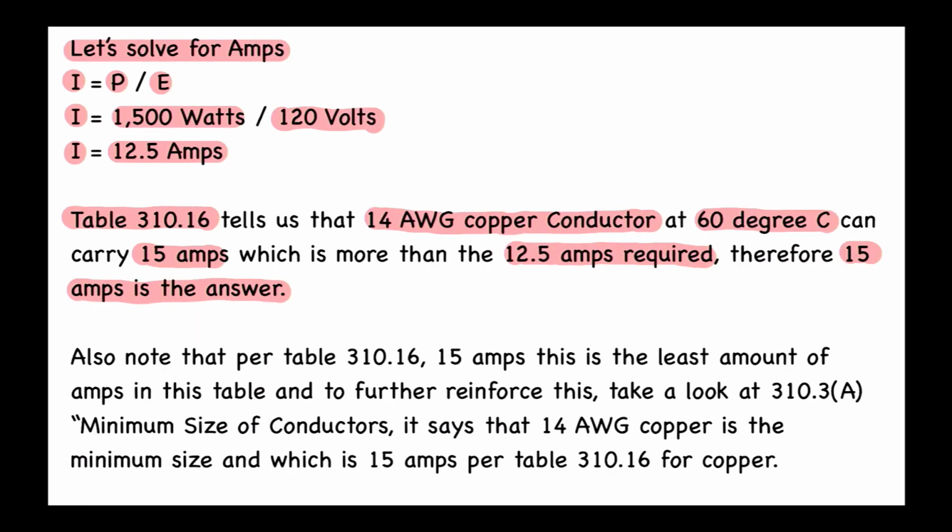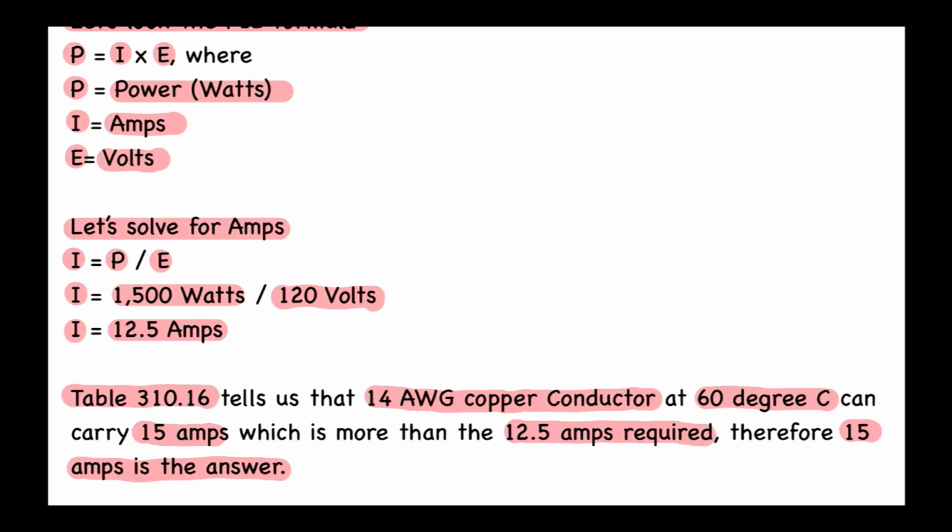All right, I also want to make a note here. If the appliance that you are sizing the branch circuit for is considered a continuous load, meaning the max ampacity is on for 3 hours or more, you're going to take that ampacity and multiply it by 125%.